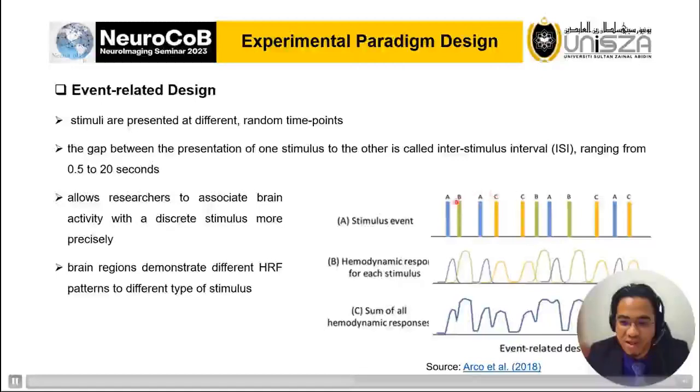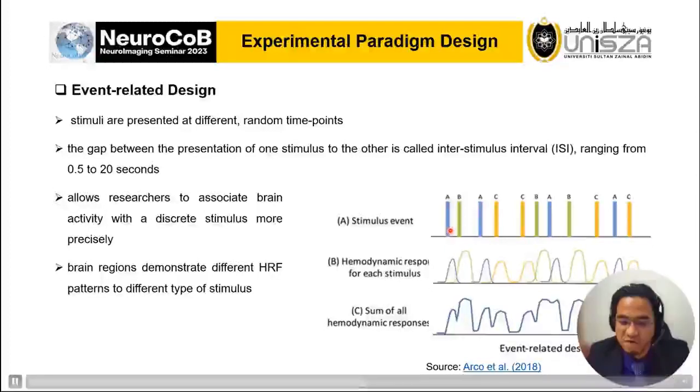If you look at this figure over here, you can see that A, B, and C represent different conditions. When we show stimulus A, it will evoke this type of brain activity. When we show stimulus B, it will evoke a different type of brain activity. By doing this, we would know how the brain responds to a certain type of stimulus.